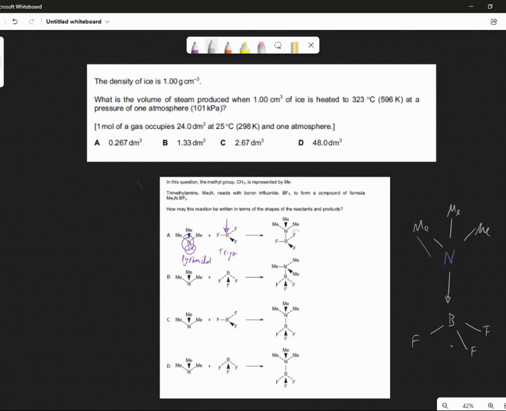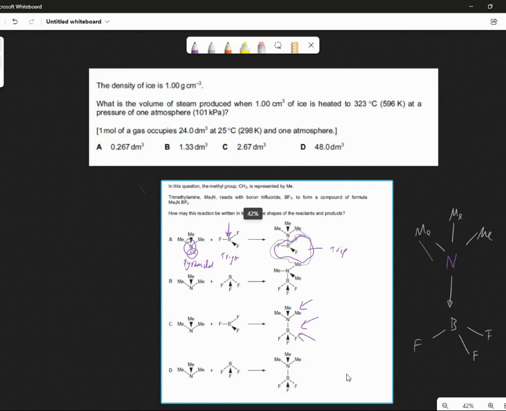Tetrahedral. And can you see my drawing? That shape isn't tetrahedral. That's trying to show a square planar. Trying to show a trigonal planar. Does that make sense? So this one here shows tetrahedral on the top half, tetrahedral on the bottom half. Does that make sense? Yeah, it does.